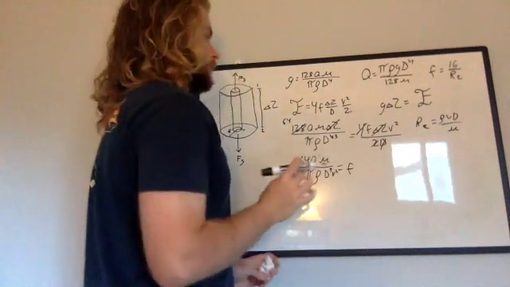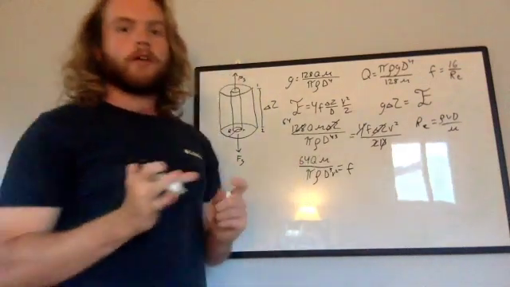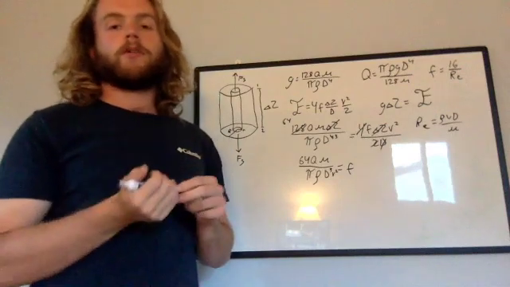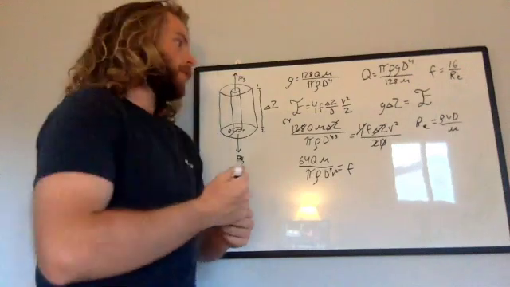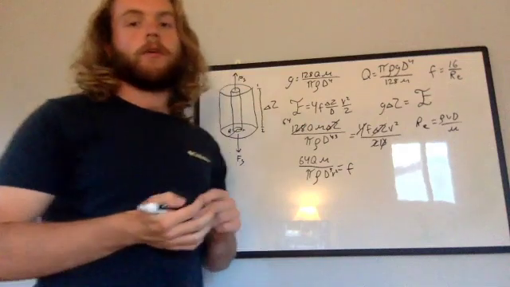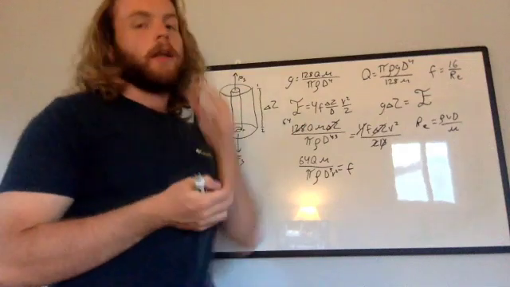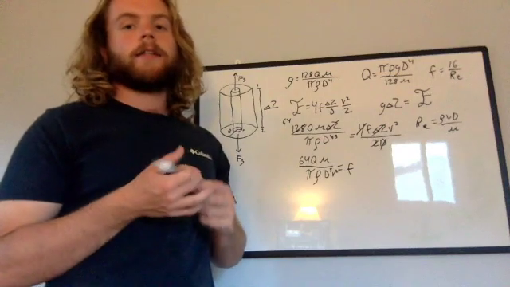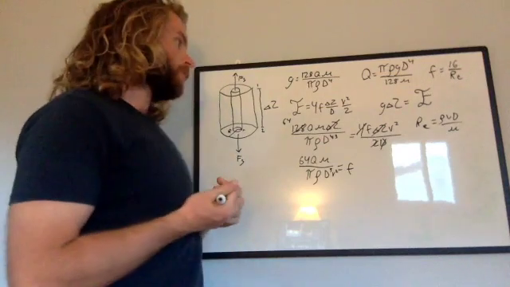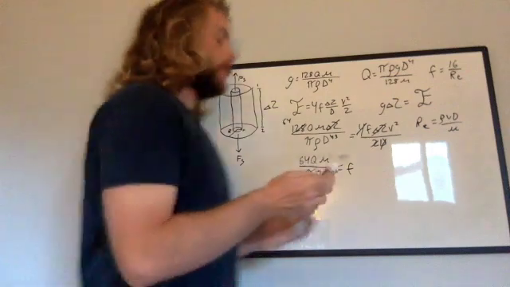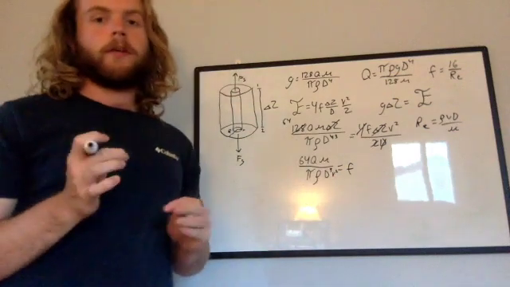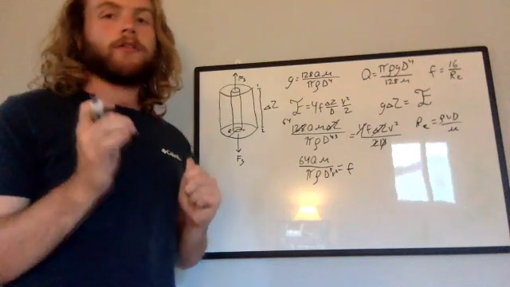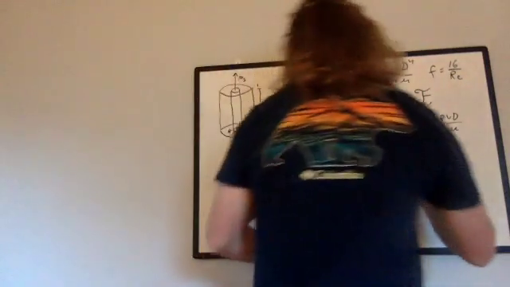So what we're going to do next is we're going to bring our flow equation back into it. And if you remember earlier in the video, we said that flow was equal to the velocity of the fluid multiplied by the area. And another way that we can express the area is pi d squared over 4. So we can go ahead and say that Q is going to be equal to V pi d squared over 4.